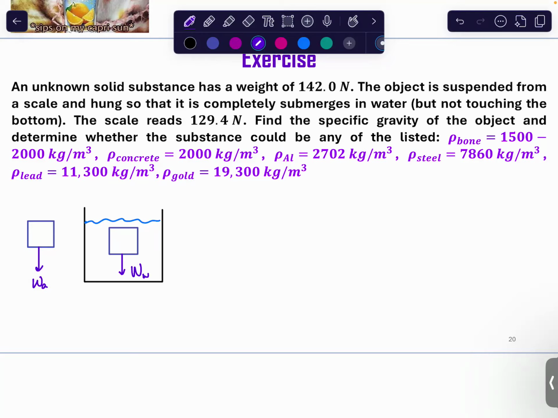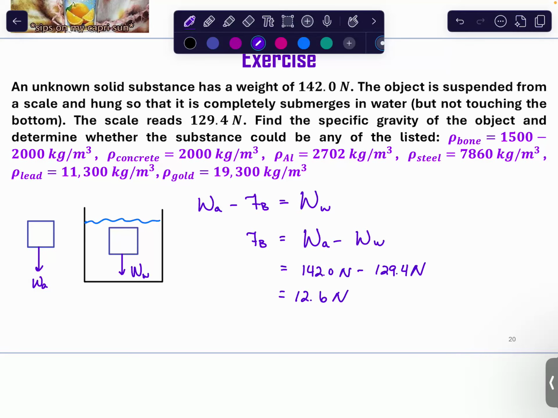One way is to say the weight in the air minus the buoyant force equals the weight in water. Solve for the buoyant force, and you get the weight in the air minus the weight in the water. So that'll be 142 newtons minus 129.4 newtons, which is 12.6 newtons.